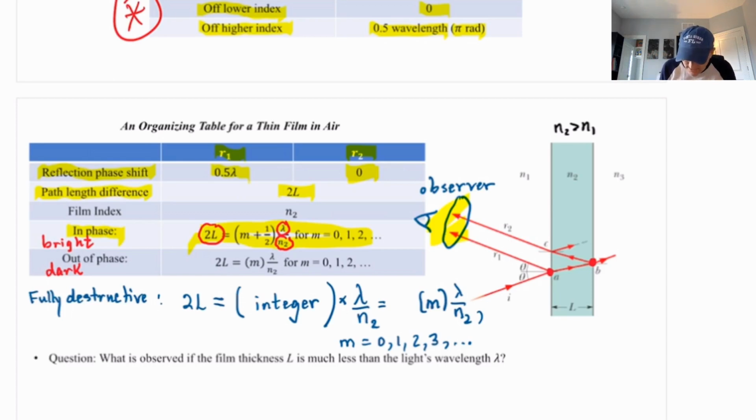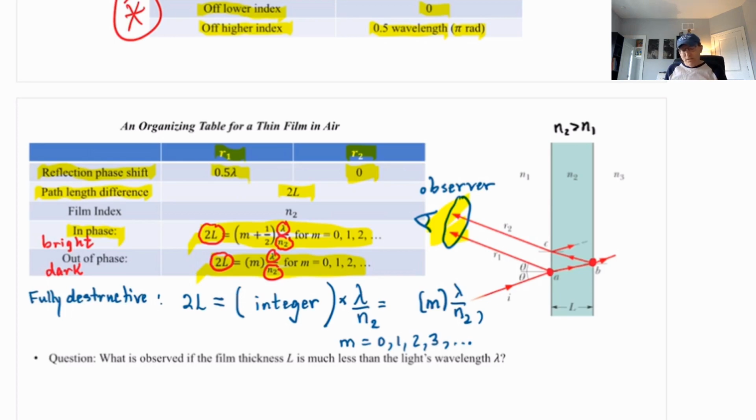So we want 2L to equal m lambda over n2, and you'll see that written right here. That's the relationship that has to be true between 2L, lambda, and n2 if our observer, looking down at that film, is to see darkness.